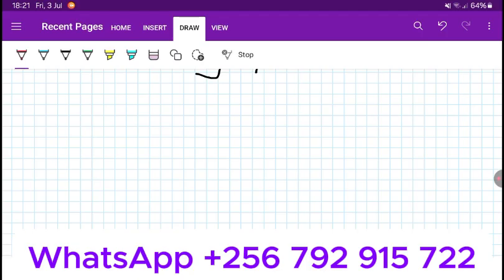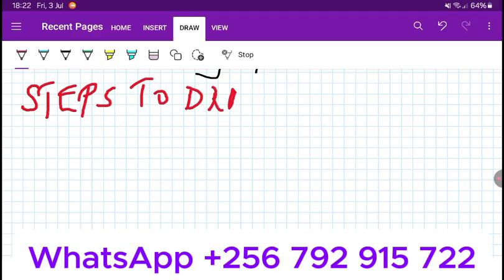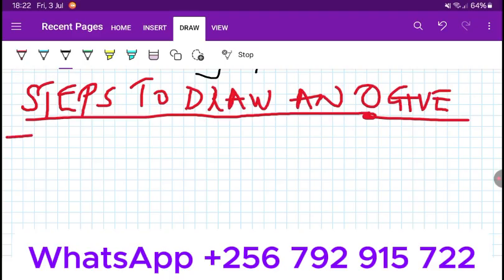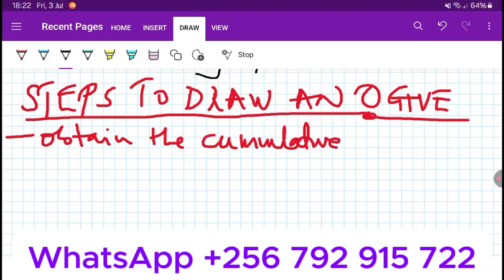Steps to draw an Ogive. Of course, the first step is to obtain the cumulative frequencies. How do we get the cumulative frequencies?